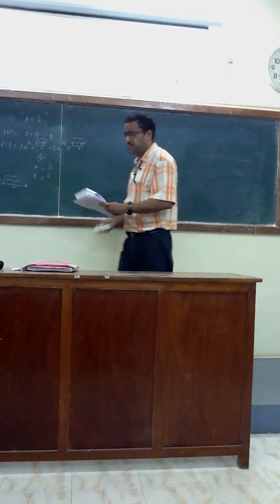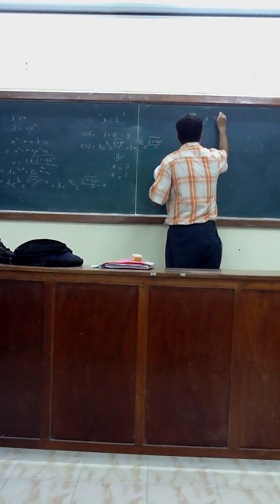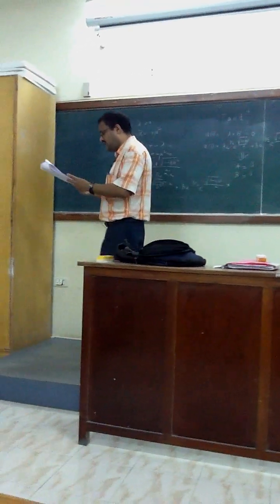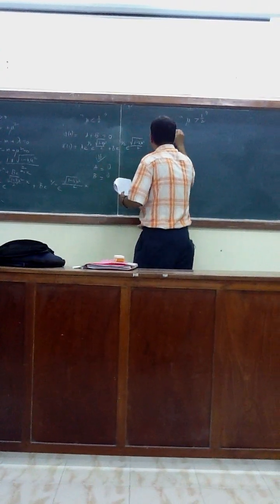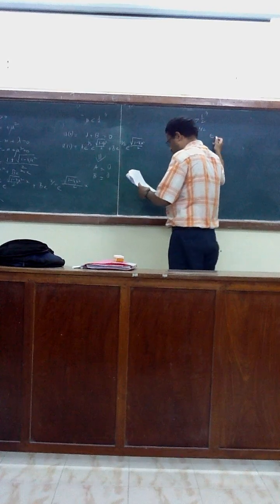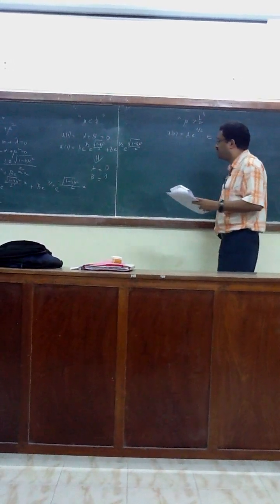Next part is remaining, which is mu greater than half. This is the only part remaining, and it has to be the eigenvalue. Let's see that part. u(x), which is a e to the power x by 2 e to the power... What will happen if mu is greater than half?